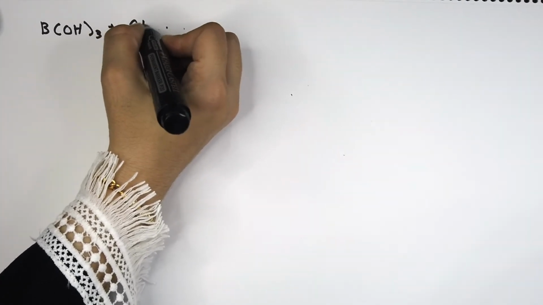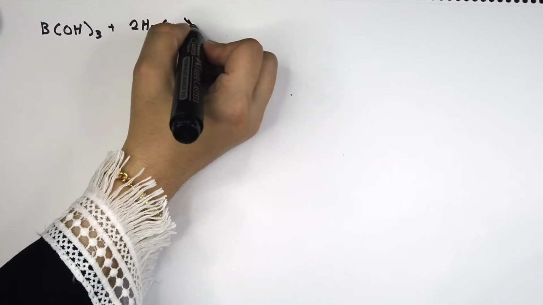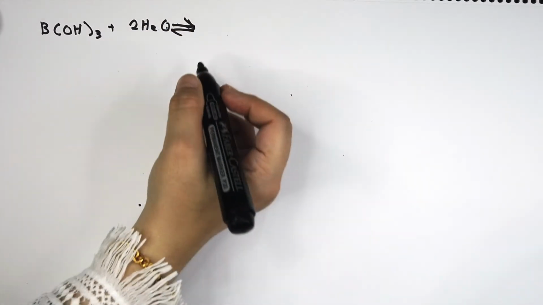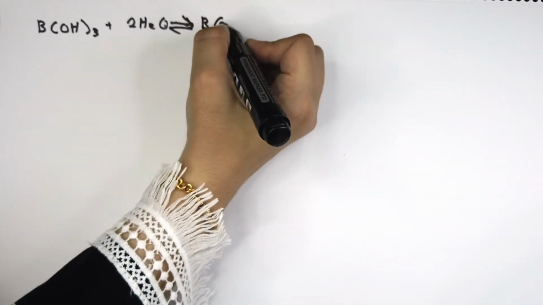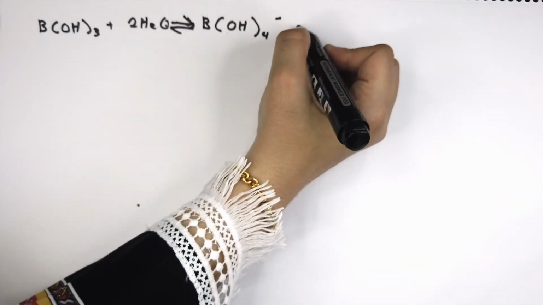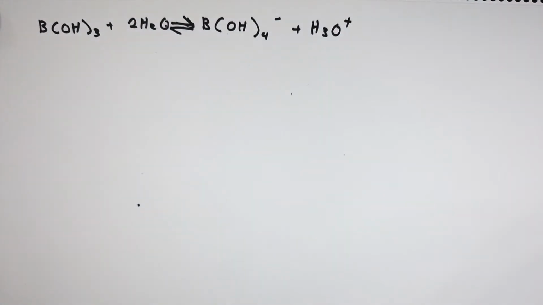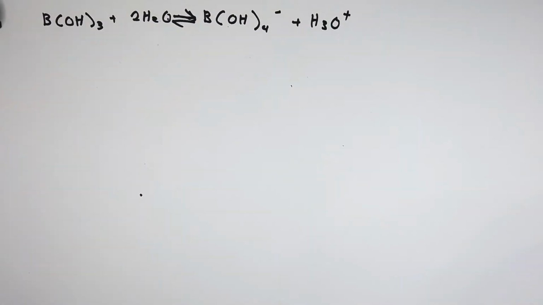So 2H2O shall produce, this is a reversible reaction, B(OH)4- plus H3O+.